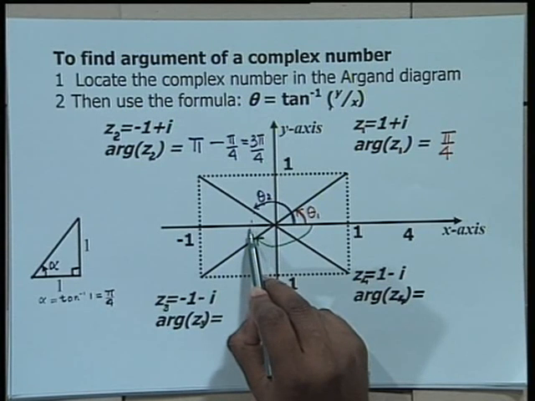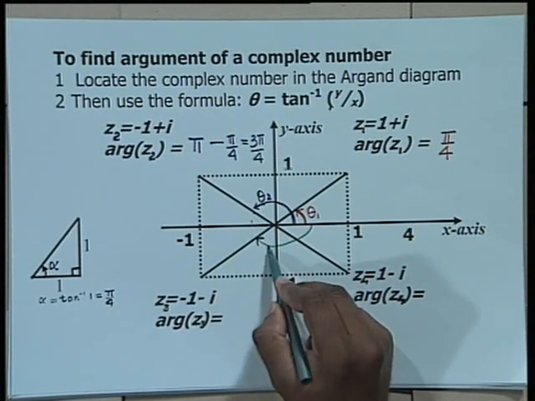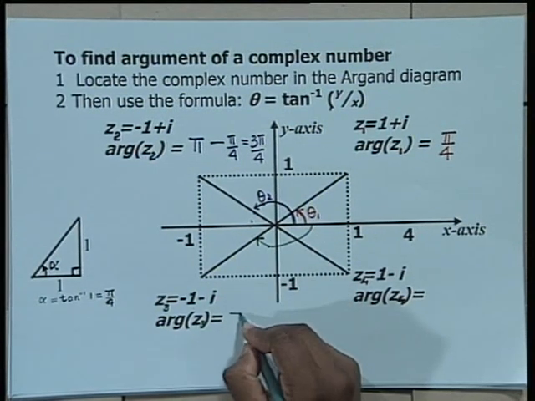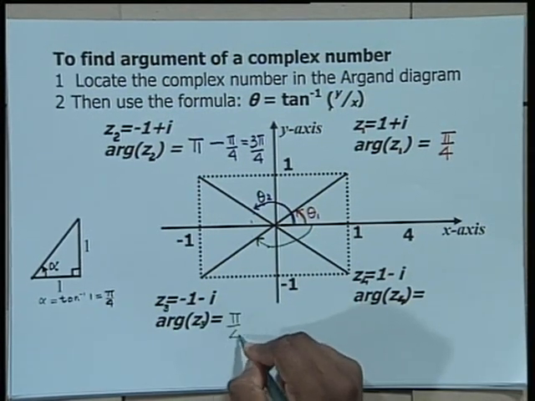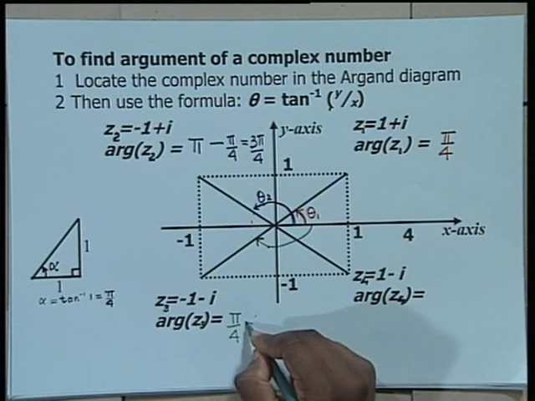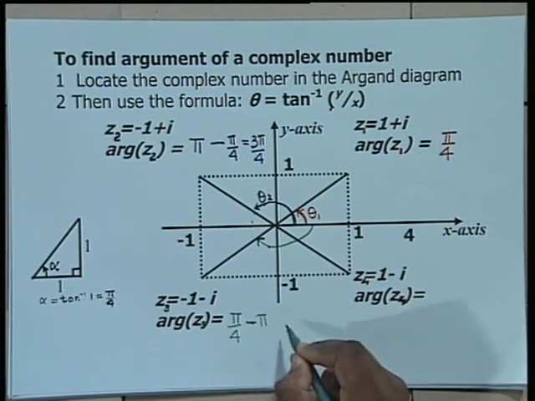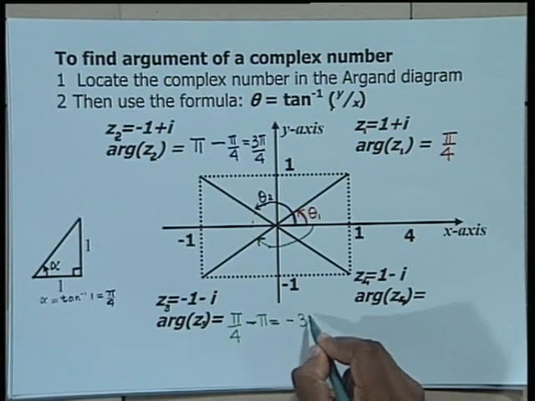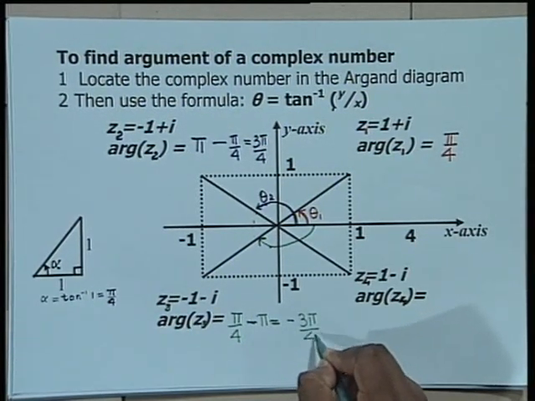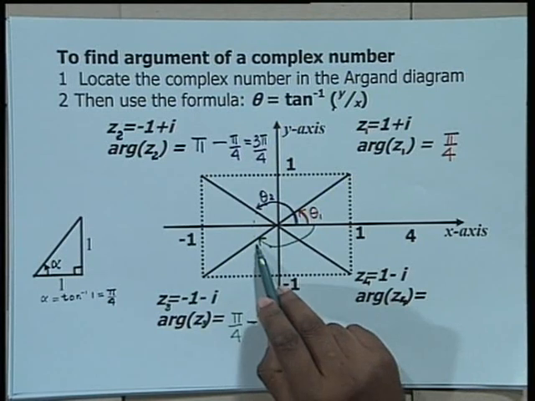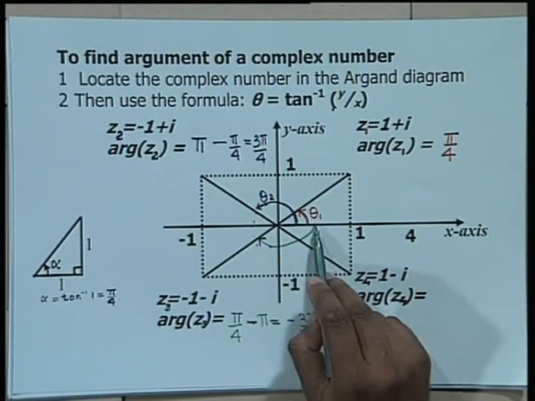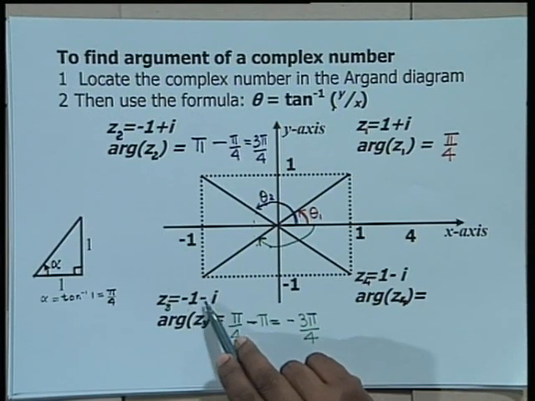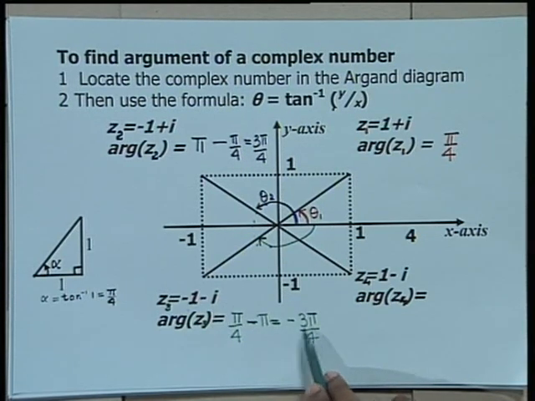We know that this angle is pi by 4. Therefore, the argument will be given by pi by 4 minus pi, which is minus 3 pi by 4. The argument is negative. Argument of minus 1 minus i is minus 3 pi by 4.